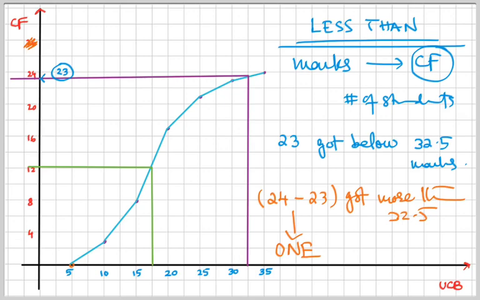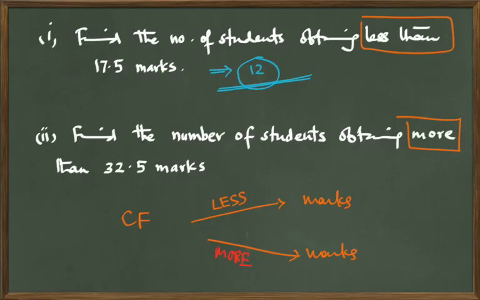Let's recap the concept. We are using a value on the horizontal axis to find a value on the vertical axis. The value on the horizontal is marks. The value on the vertical is the number of students, the cumulative frequency.